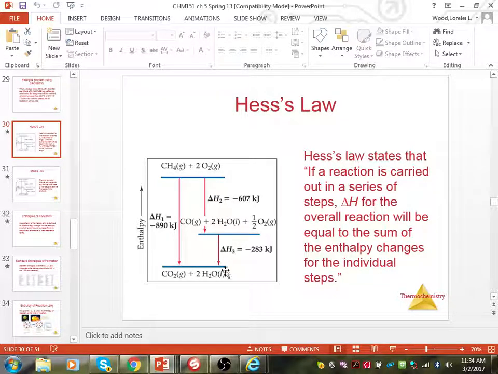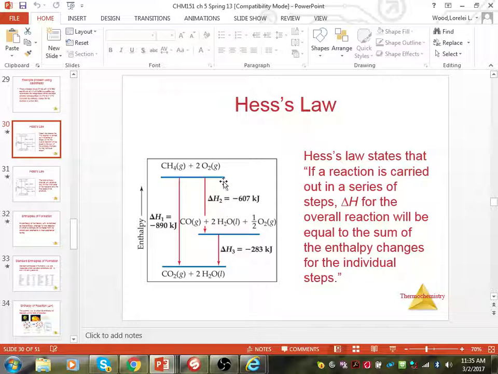So we say that the series of steps, the enthalpy of H2 and the enthalpy of H3, should sum up to be what enthalpy? The enthalpy of what? H1. Do you see how that works? So if we look at the overall enthalpy change of the whole reaction, which we call H1, it is negative 890.